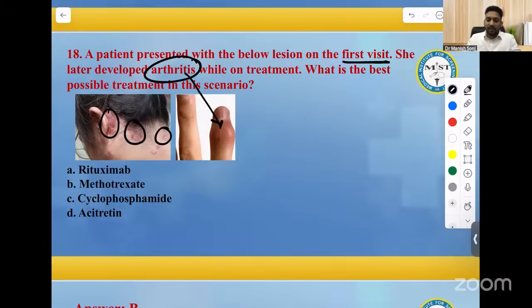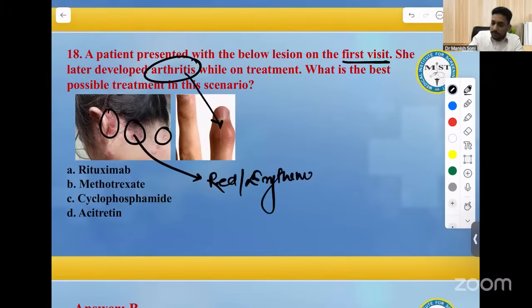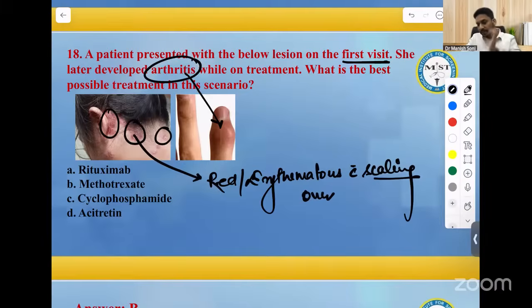All of you can see it is red, erythematous. And if you closely see, there is scaling also, over back of the neck, that is extensors, in the scalp also. So patient is having erythematous scaly lesions. Scaling is silvery white.